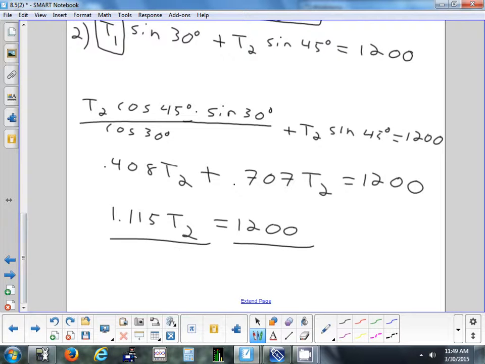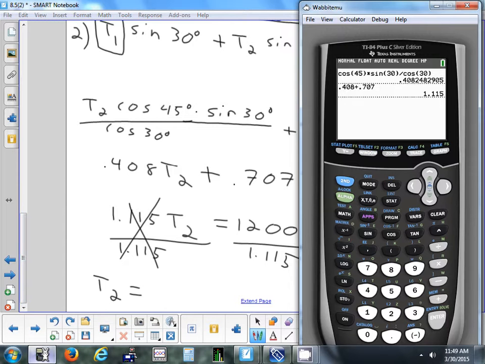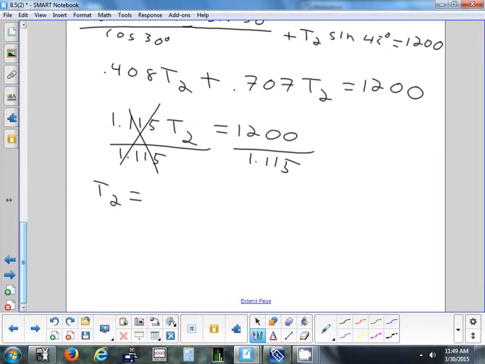Last step, divide by 1.115. And that'll give me the tension in cable 2. So 1200 divided by 1.115 is 1076.23, and that's in pounds.